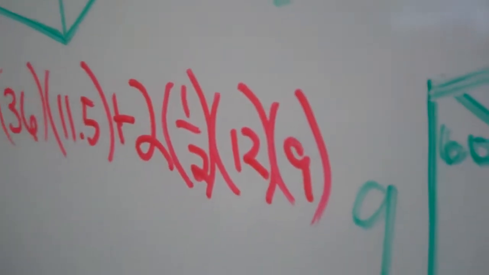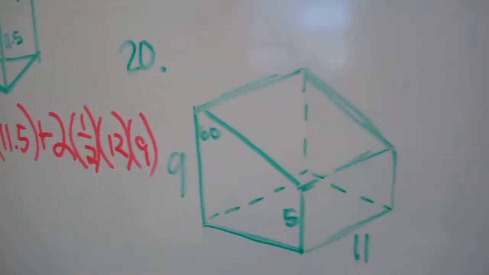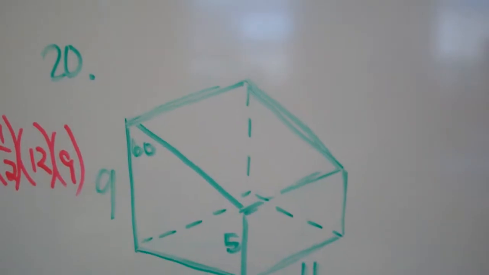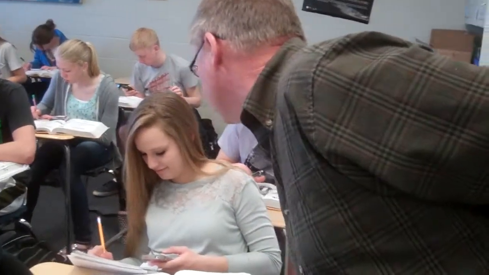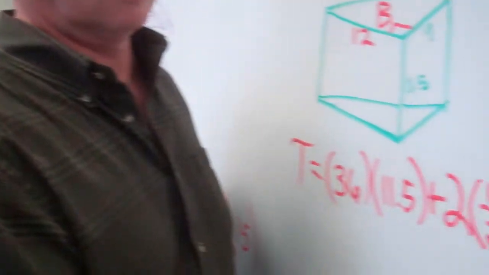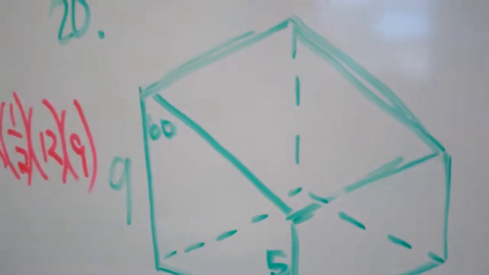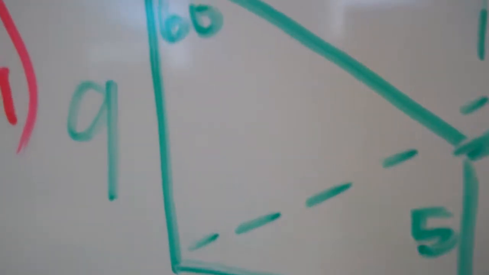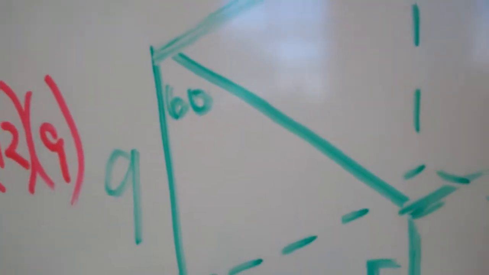Oh, I think I got enough time to do another one. Number 20. Looks like a little lean-to shed type shape. Let Morgan see it better, step back a little there.